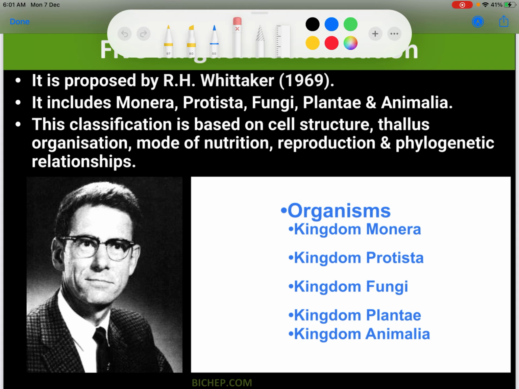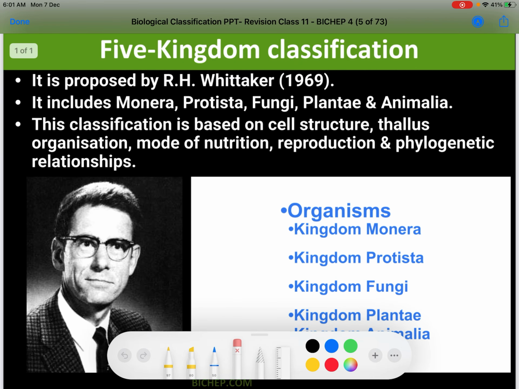Right now we use the mechanism of classification which was given by R.H. Whittaker in 1969, and it is known as five kingdom classification, because it includes 5 different kingdoms.